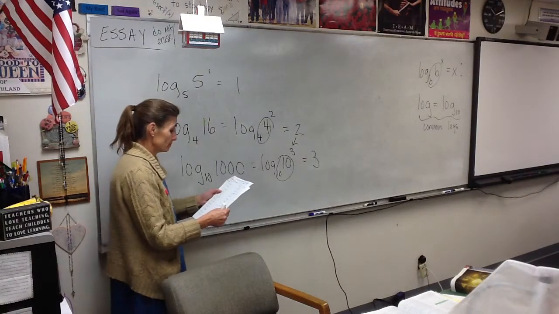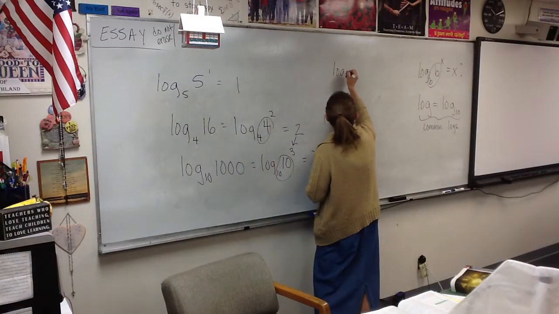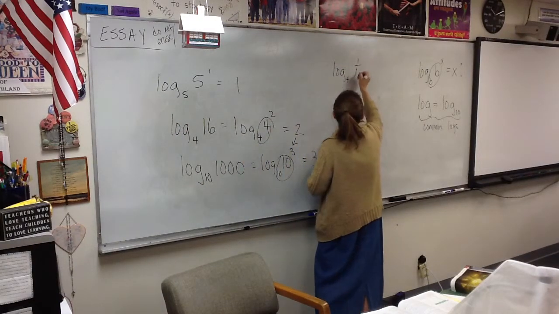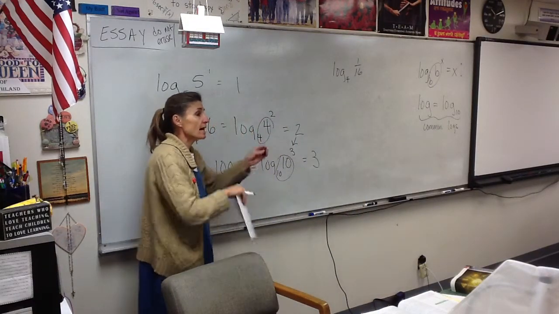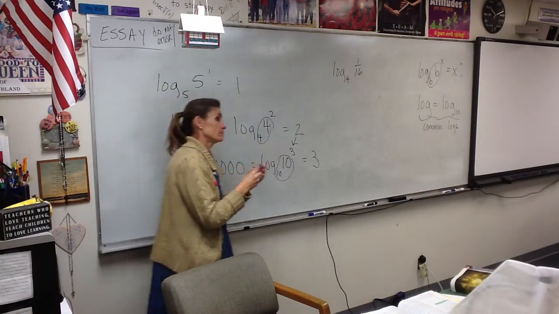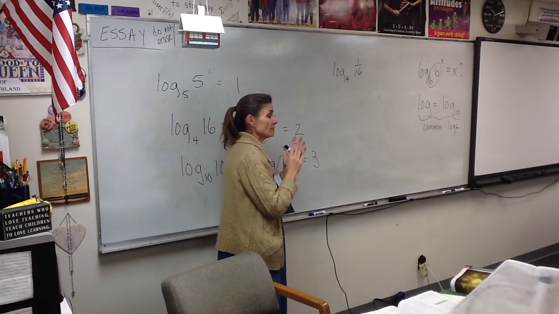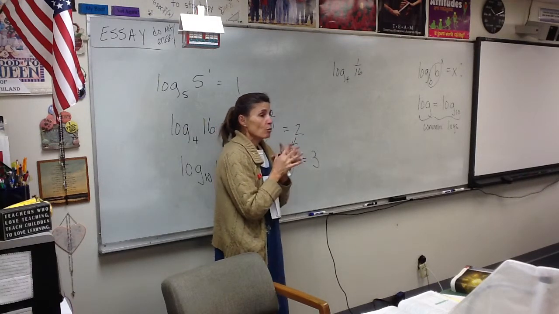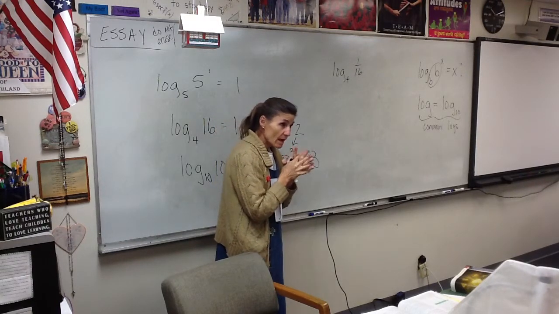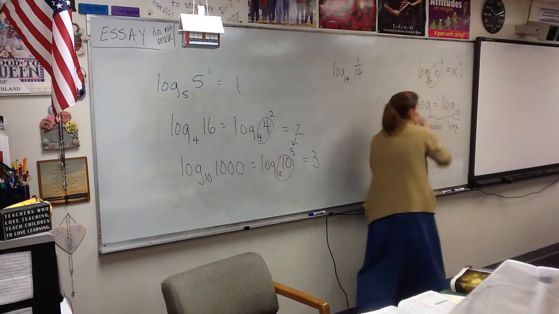Number 5. Okay, now wait a second. This is where we really have to start paying attention. Are you paying attention? Okay. Now, in order to do this without a calculator, we really need these two numbers to match, don't we?